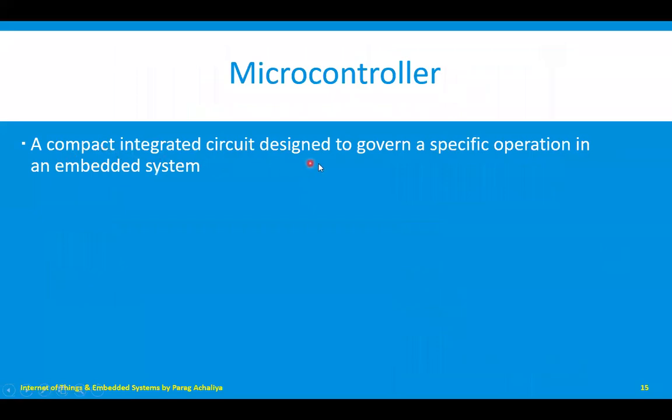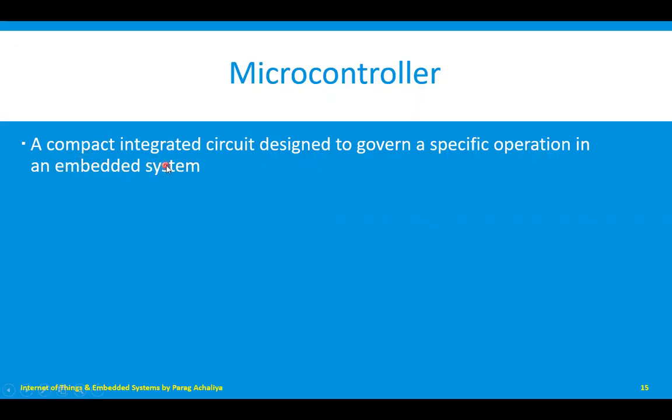A microcontroller is a compact integrated circuit designed to govern a specific operation in an embedded system. The very first thing it states is that a microcontroller is a part of an embedded system. Second, it is a compact integrated circuit, a small circuit designed to govern a specific operation. So the task of every microcontroller is specific. They are task specific, function oriented, with some specific predefined task.